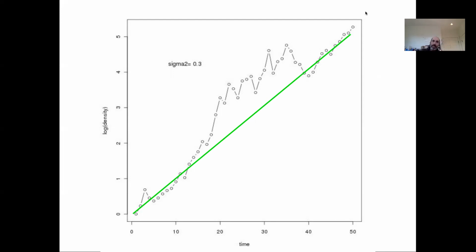Or if we fit this in a way that didn't account for process error, even if we fit a traditional exponential model that is a truly dynamic model, but one that does not include process error, essentially if we fit the exponential growth model as a prediction of a line rather than a prediction of a process, then our best fit would end up being a straight line, which is clearly missing true variability in the process.